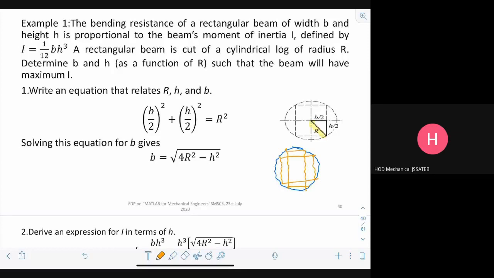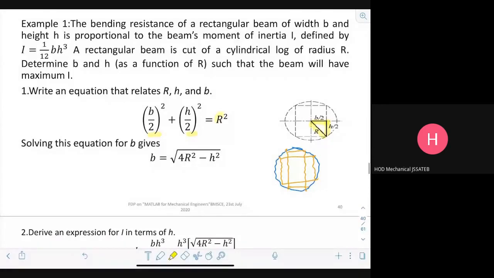Now, try to look at the equation that relates b and h, and consider this triangle. Is it not R square is equal to b square plus h by 2 whole square? So now what I need to look at is that one is an independent variable. R is constant. It will not change because that's the diameter of the log of wood.